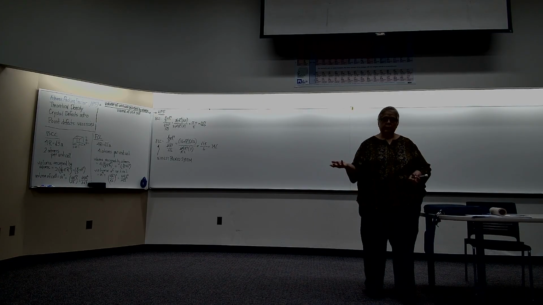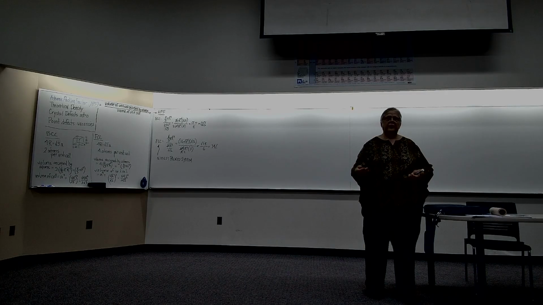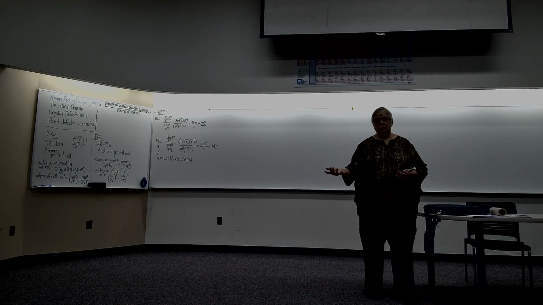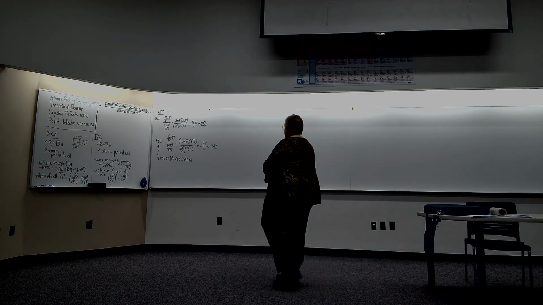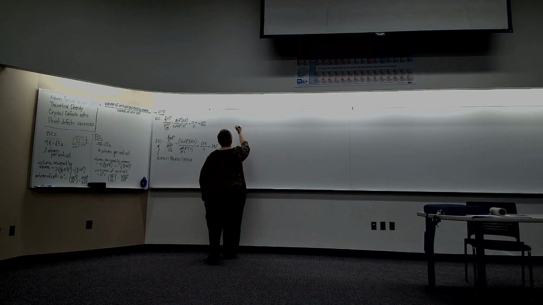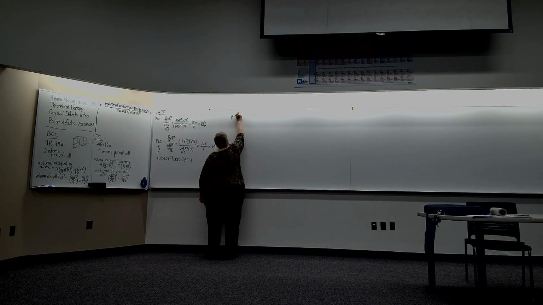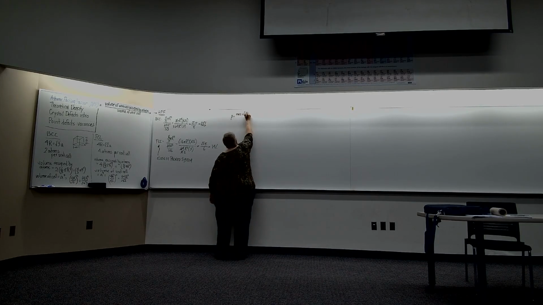If we know, for a metal, the volume of a cell and the mass of the cell, mass over volume is density, so we could calculate the theoretical density. So let's think about what that would be. We know density is mass over volume. So let's say mass of a unit cell divided by the volume.